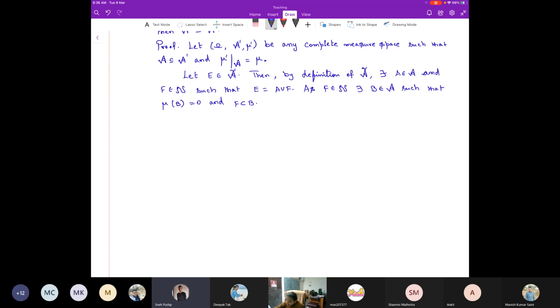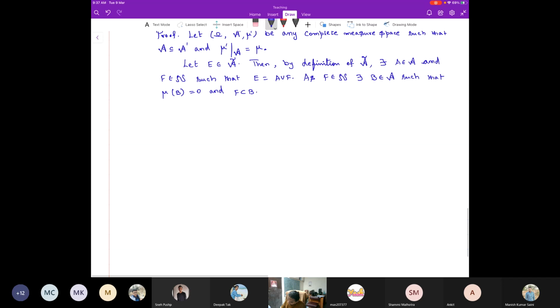Since B belongs to A, B belongs to A dash. And therefore F belongs to A dash. Why? Because A dash is complete. Exactly. Right. So since B belongs to A, it follows that B belongs to A dash.